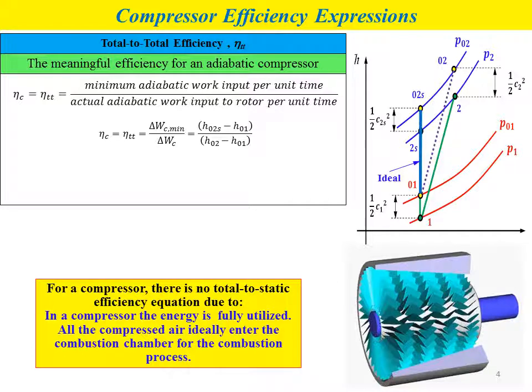The ideal process, in the hs diagram, is represented by this blue line, and the actual process of the compression is represented by the red line.